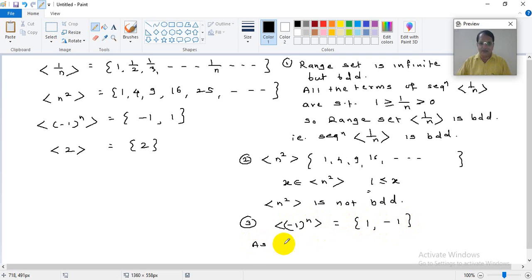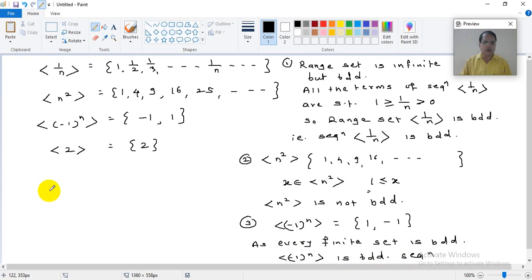So as every finite set is bounded, we can say (-1) raised to n is a bounded sequence. And finally, this constant sequence, the last example, only 2 is there.